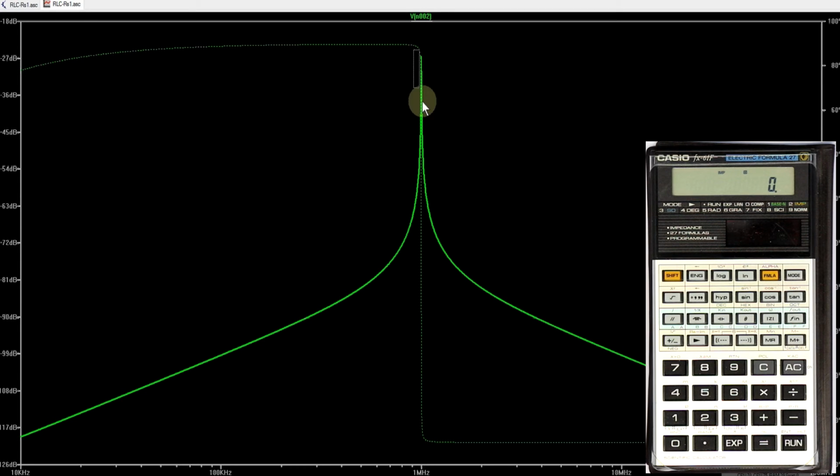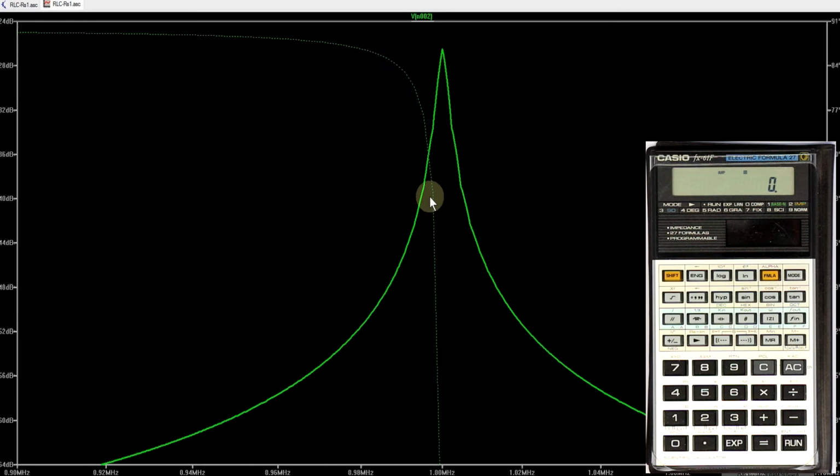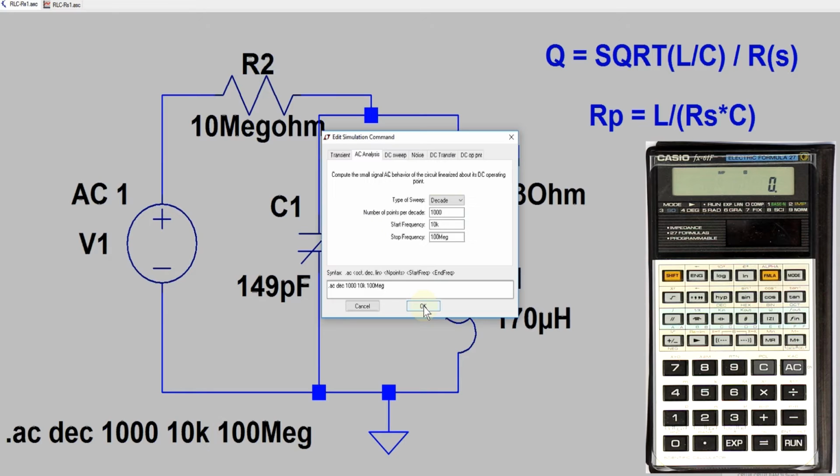We can do this either by drawing a box around the center, but the resolution is not high enough because I've only set 1000 points per decade. So we will change a little bit the frequency sweep. We don't have to take the sweep from 10 kilohertz to 100 megahertz any longer. We just center it from, let's say, 990 kilohertz to 1010 kilohertz.